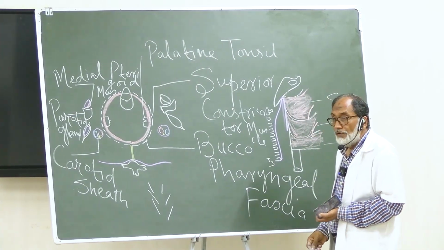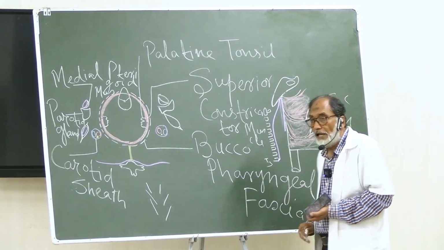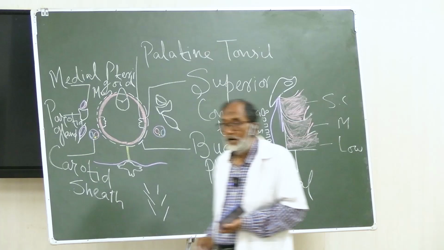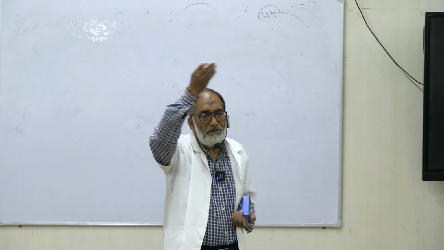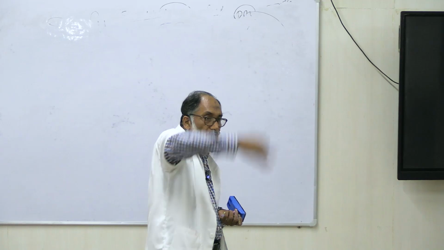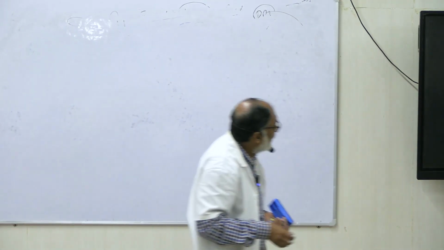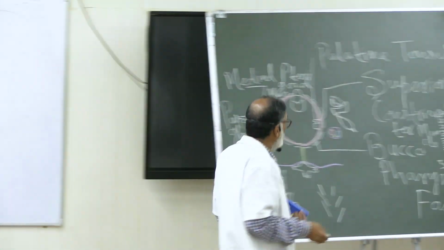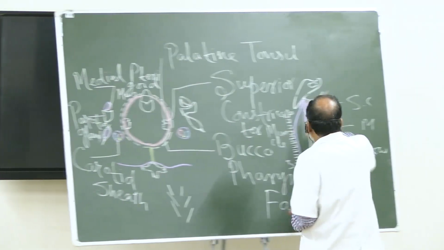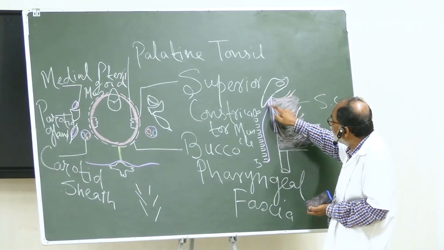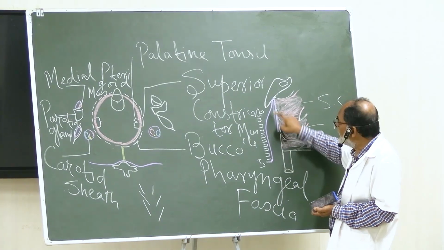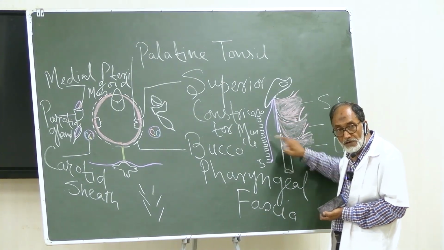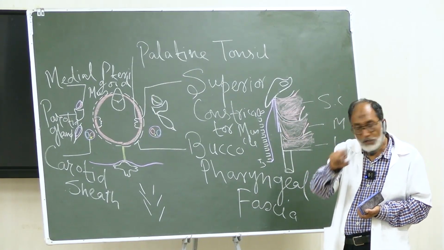Now, from this base of the skull, one fascia descends, and it divides into two. Here you see, it has been divided into two. This fascia which lies in front of the vertebra is the prevertebral fascia. I have already talked about prevertebral fascia.